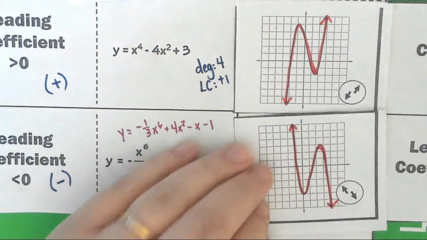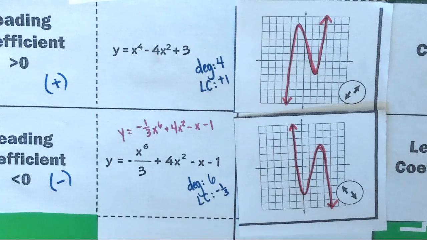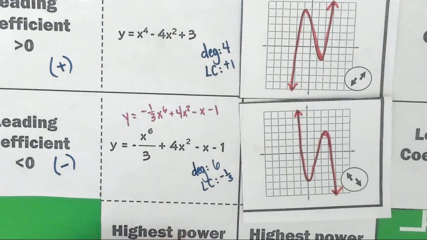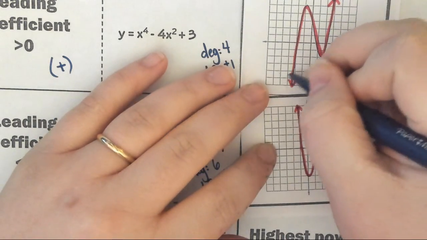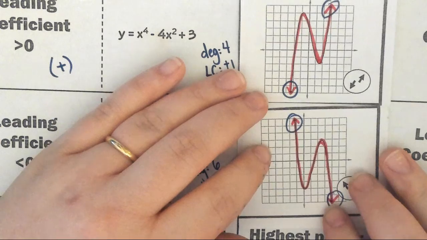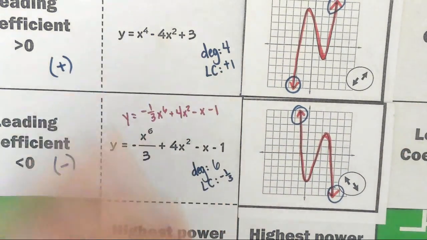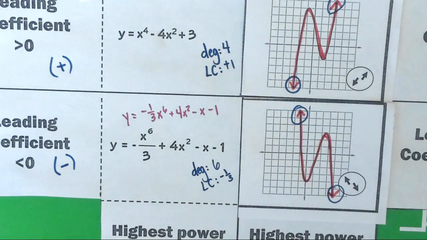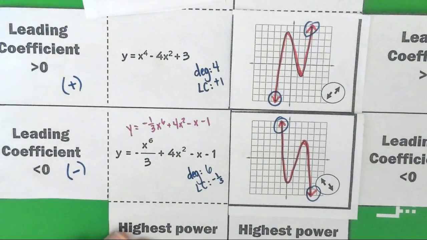What's the problem with their ends? They go in different directions. What a pain in the rear. They go in opposite directions. This one's going down, this one's going up, this one's going up, this one's going down. So odd, opposite. The end behavior is opposite. It's a terribly, terribly annoying thing.